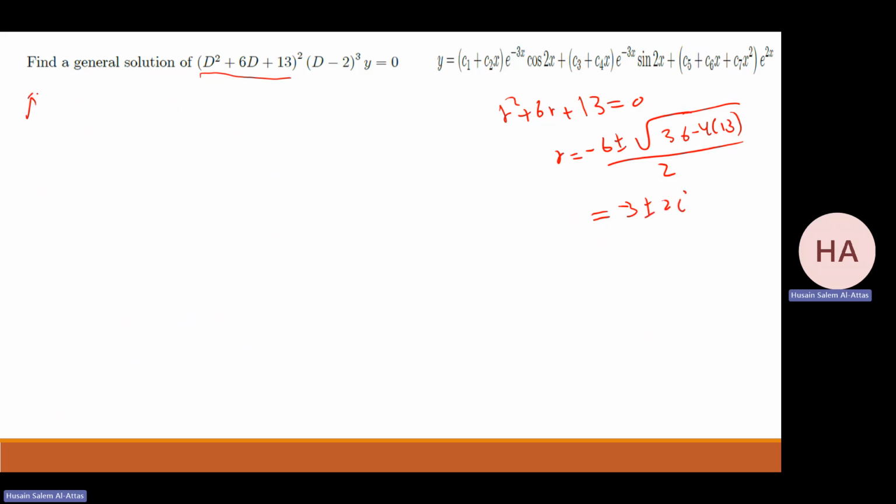So the roots are what? Minus 3 plus or minus 2i, repeated 2 times. And I have D 3 times.